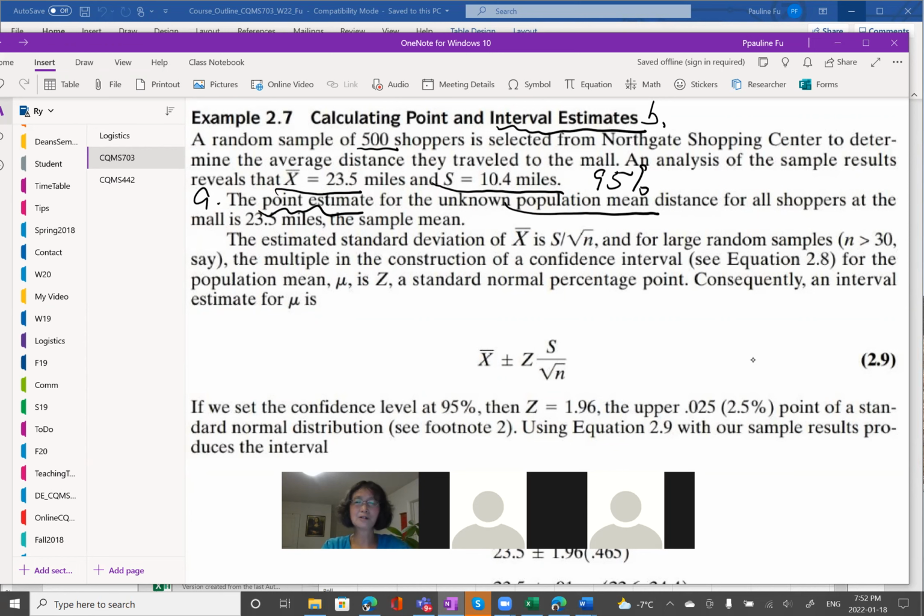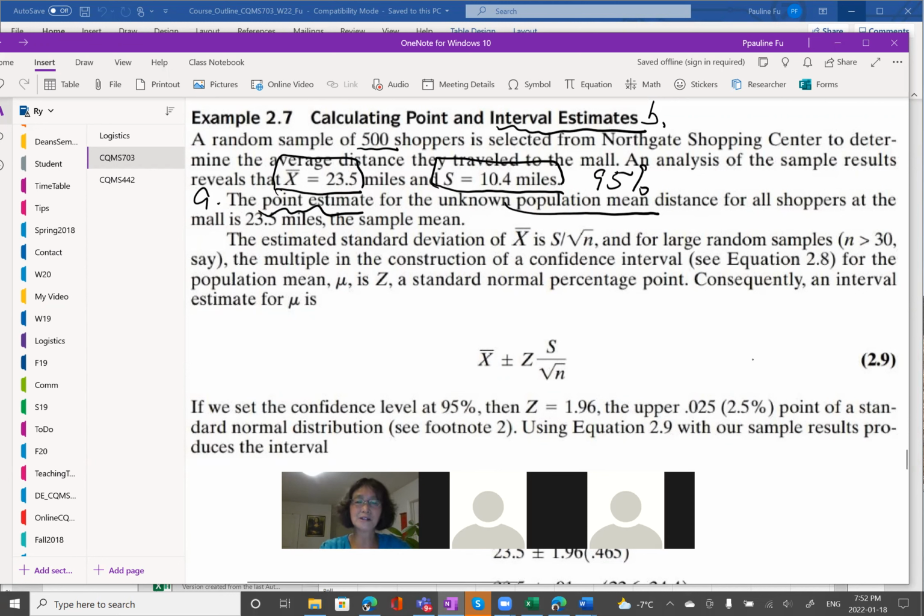Why not the sample? We already know the sample information. Sample mean is 23.5, sample standard deviation 10.4. But we don't know the population. What is the population mean? That is question A, point estimate. What is the population interval estimate?